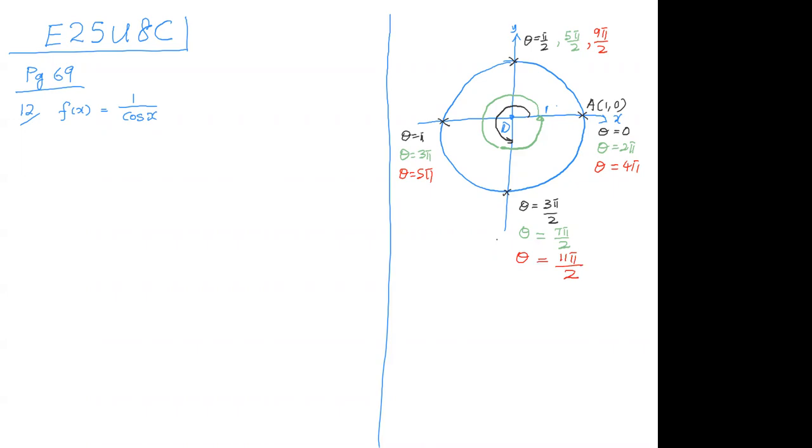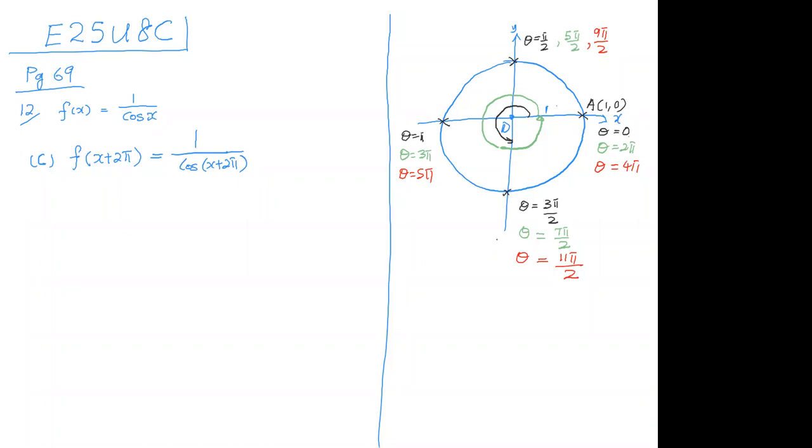Why I have to say this is because we are going into part C. They ask us to prove that. So we are going to do this. So this is 1 over cos of x plus 2 pi. You see, cos 0 and cos 2 pi are the same, correct?